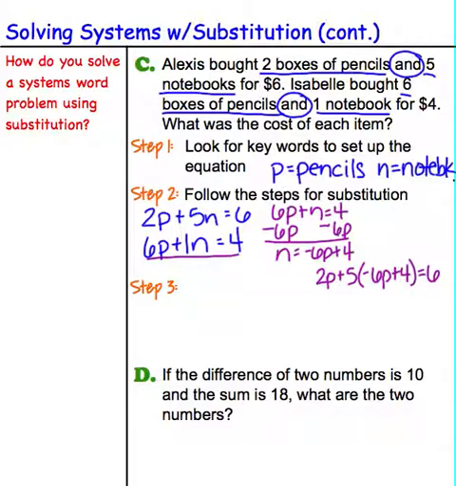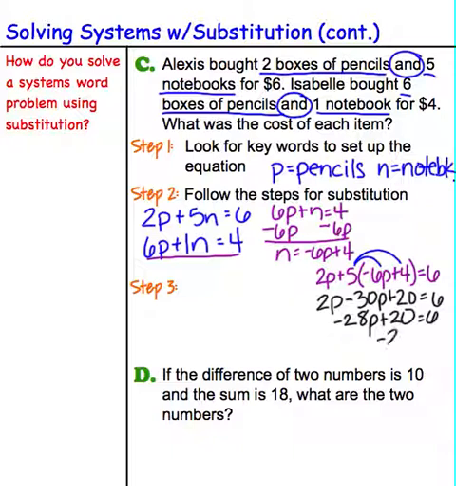So I'll go ahead and distribute, giving me 2P minus 30P plus 20 equal to 6. 2P minus 30P is going to give me negative 28P plus 20 equal to 6, minus 20, which gives me negative 28P equal to negative 14.